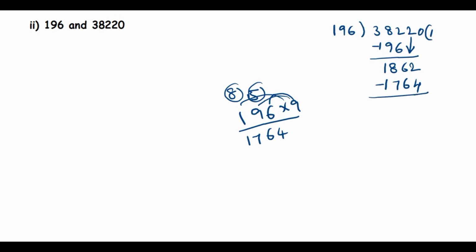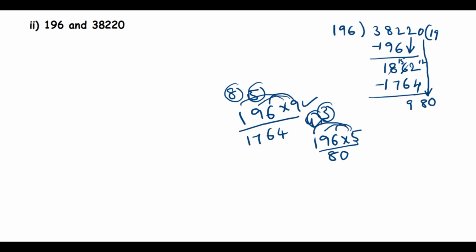By taking a borrow, 12 minus 4 you will get 8, and 15 minus 6 you will get 9, that means 98. Bring down this 0 here, then it is 980. So 196 into 5 times: 5 6s are 30, 5 9s are 45 plus 3 is 48, and 5 1s are 5 plus 4 is 9. So this is 5 times.